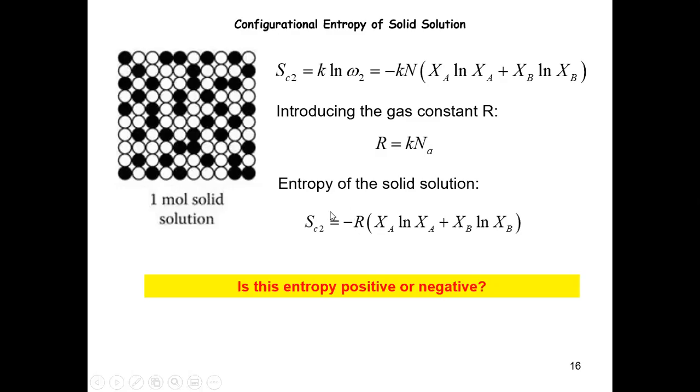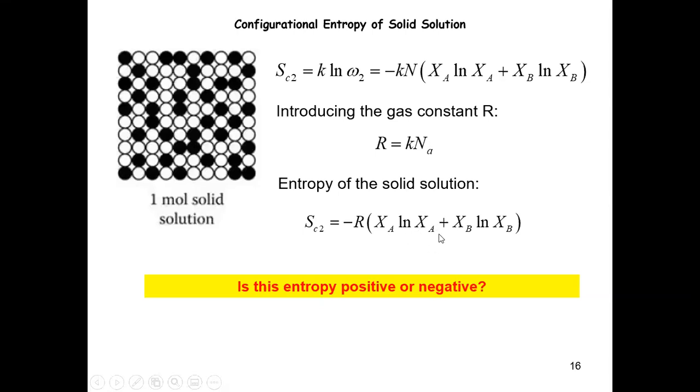In general, when we look at the entropy, we know that you definitely have a lot of states or configurations, so the entropy should be positive in this case, but nonetheless, we get a negative sign. So the first thing I check is whether this negative sign is reasonable. And the answer is yes, because xa is a molar fraction, and we have emphasized several times that this is between 0 and 1.